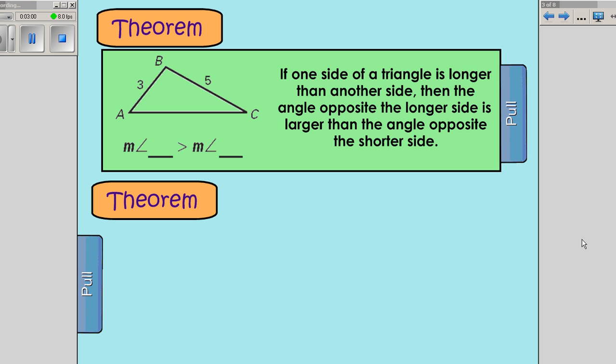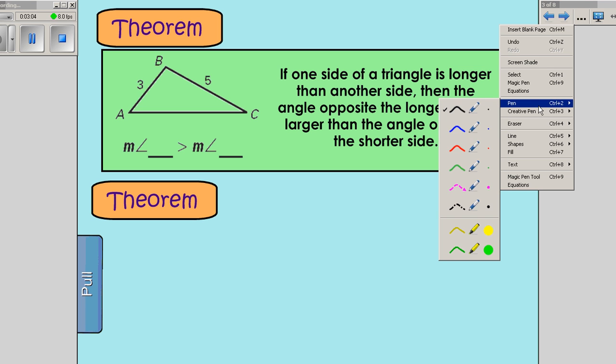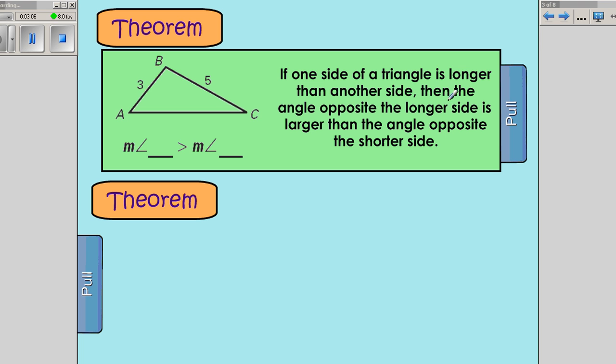We can say that if one side of a triangle is longer than another side, then the angle opposite the longer side is larger than the angle opposite the shorter side. So looking at the triangle in this diagram, we can see that side AB is shorter than side BC. And we can also say that side BC is longer than side AB.